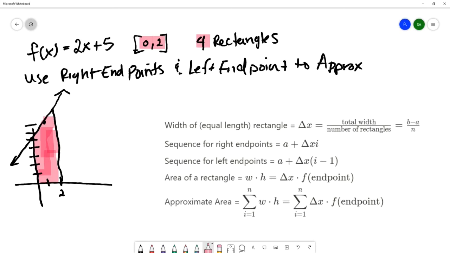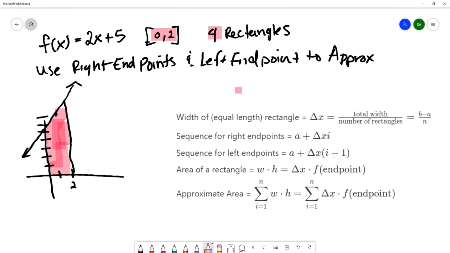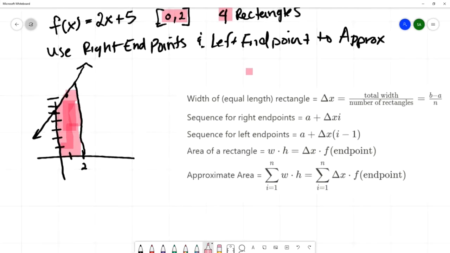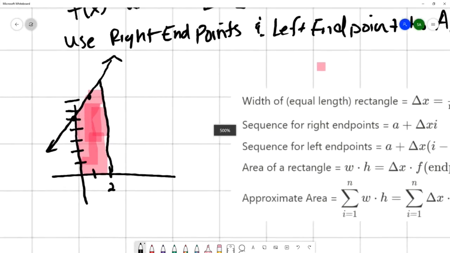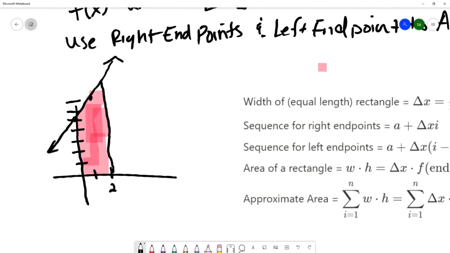So if I zoom in on this picture a little bit better, I'm going to have my rectangles occurring at a half, 1, 1.5, and 2, and those are going to be my different rectangles. From there, I can draw up to the curve.